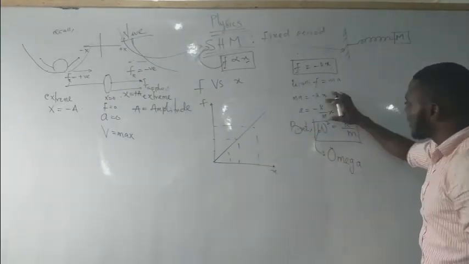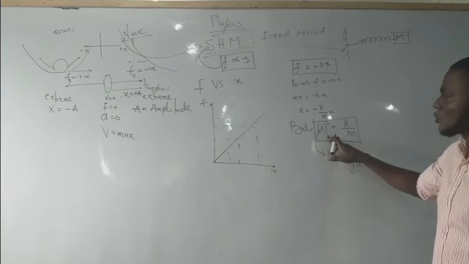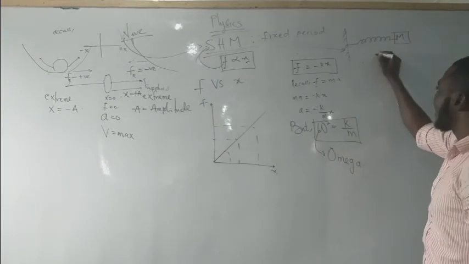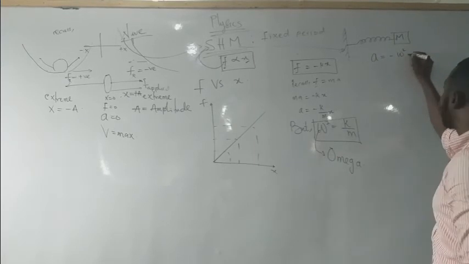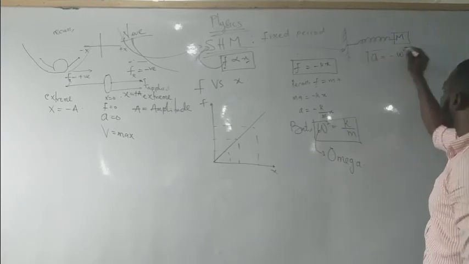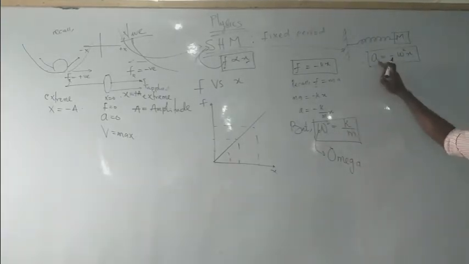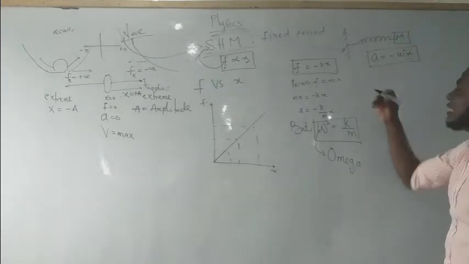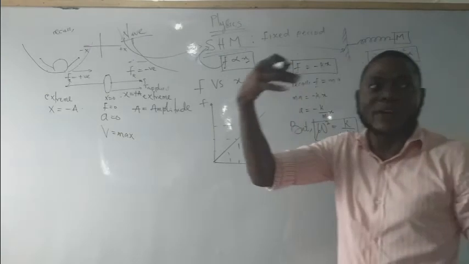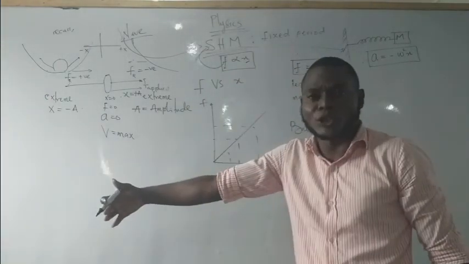So anywhere we see k upon m, we can replace it with omega squared. Therefore, acceleration equals minus omega squared x, where x is the displacement from the mean position or the equilibrium position.